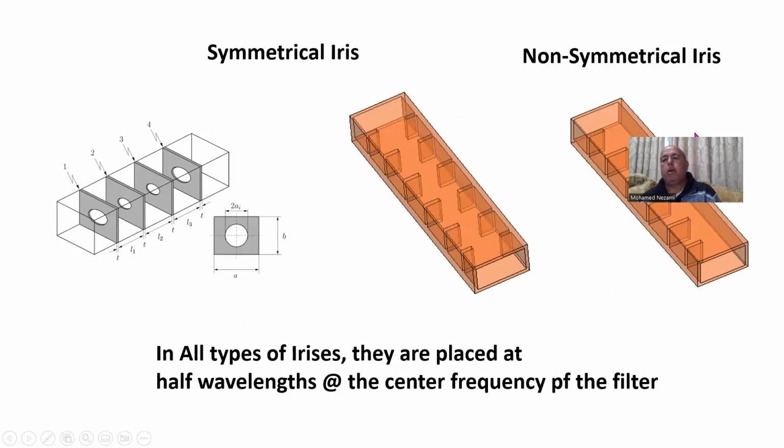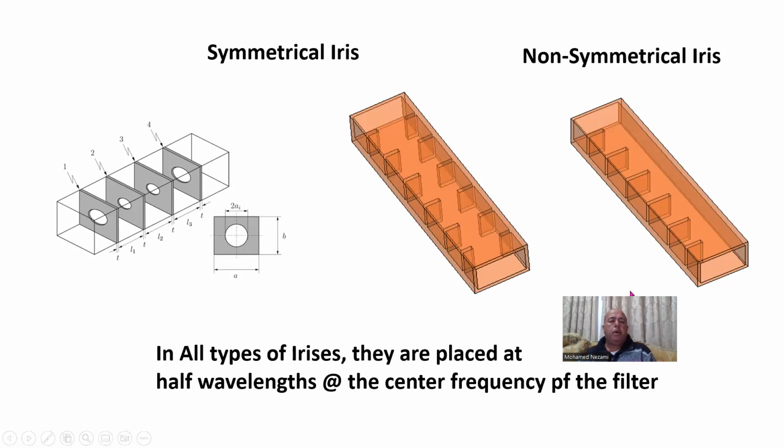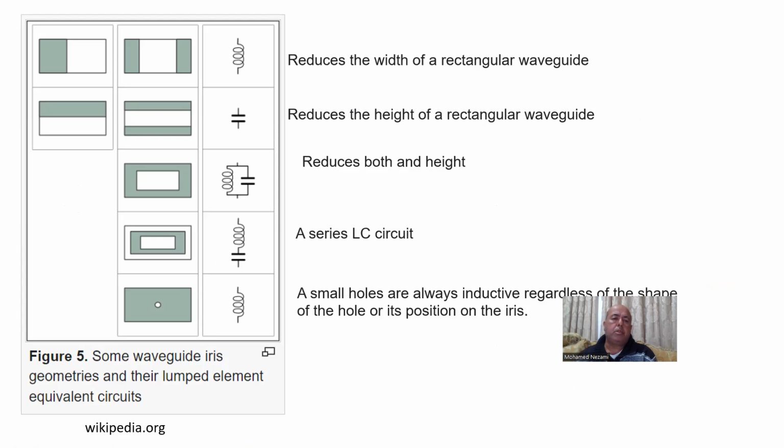So, let's see. There are plenty of different topologies of filters, but the most common one that you will see people using is this one here, because it's very simple to fabricate, and the design equation for the equivalent inductance in here is very straightforward.